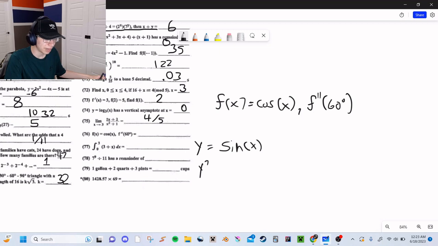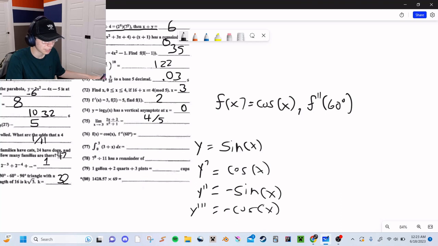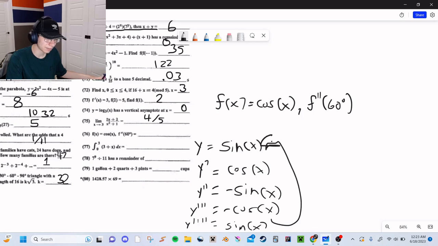Well, then y prime would give me cosine of x, and then y double prime gives me negative sine of x, and y triple prime gets me negative cosine of x, and then the fourth derivative gets me sine of x. And so it basically all loops around, like we go back to where we started.